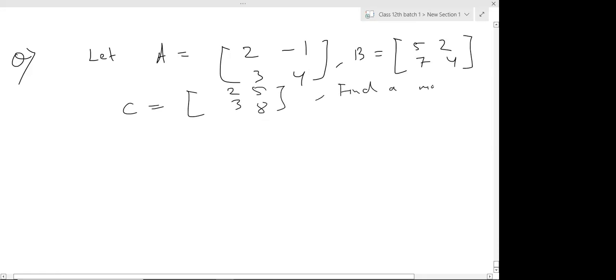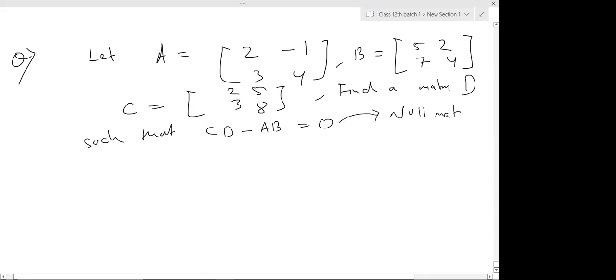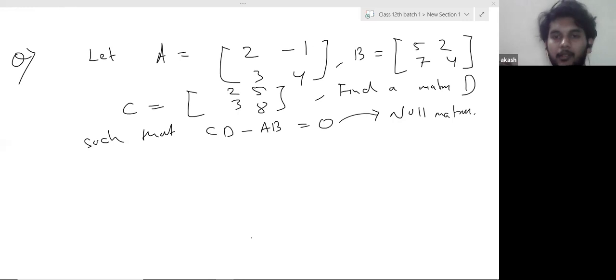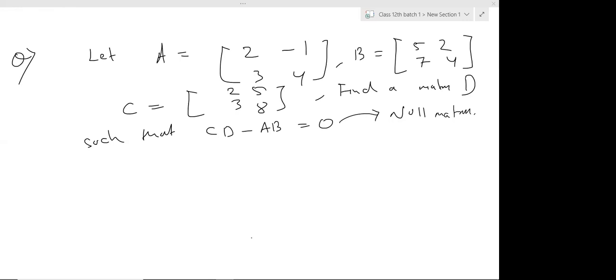Find a matrix D such that CD minus AB must be equal to 0. And 0 here is the null matrix, right? I've told you, whenever we compare two matrices and somewhere there is 0, that is a null matrix of the same order as AB and CD. All right. Now let's solve this one.